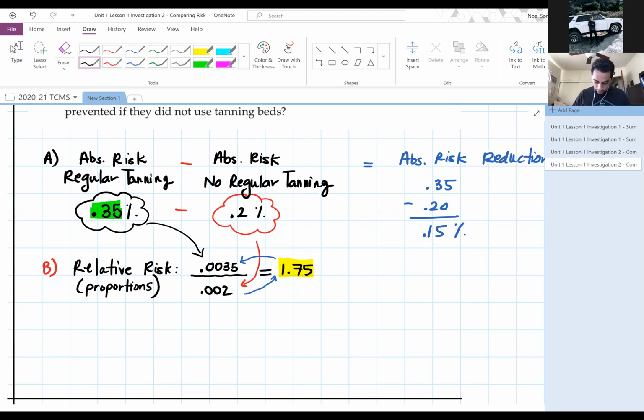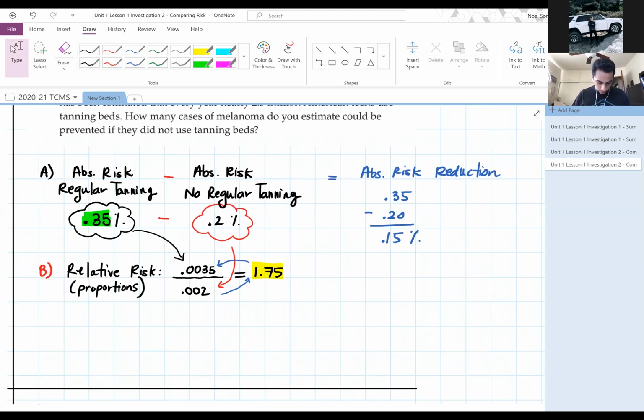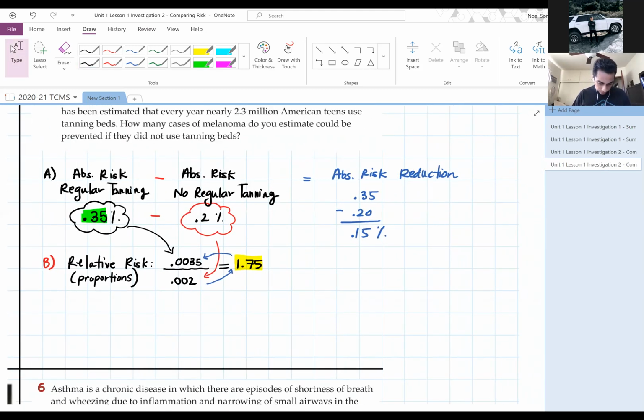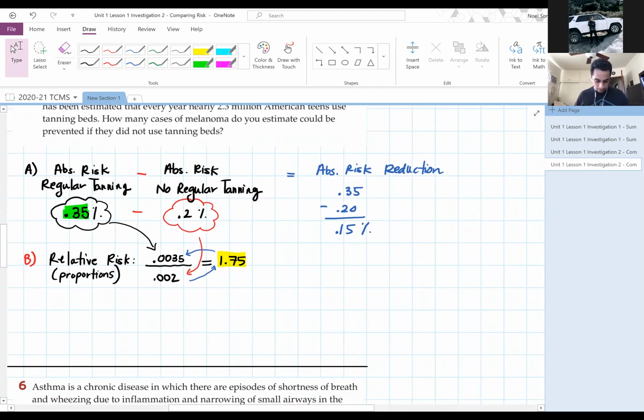Okay, so real quick here, let's wrap up both of these, since we have some statements that we can write regarding absolute risk reduction and relative risk.